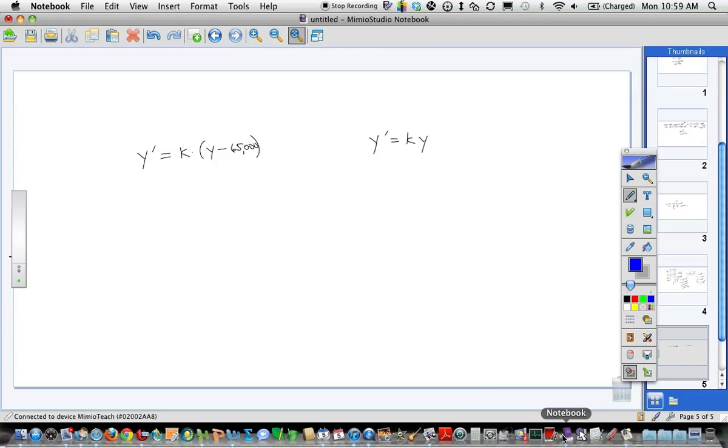It would be when this value is the biggest, right? This side will be the biggest when this side's the biggest. Well, when will this difference be the biggest? Wouldn't this be the other way around? Because Y minus the current total would be less than 65,000, right? So that'd make that negative. So we don't want that. So we want 65,000 minus Y.